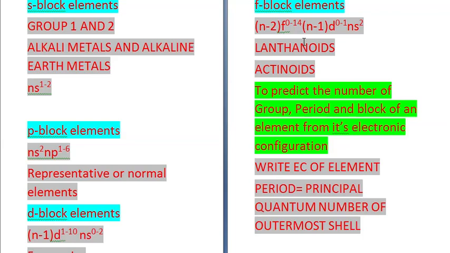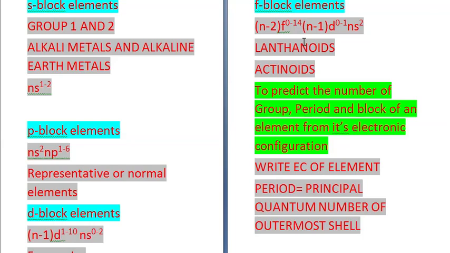There are 4 series I have already told you in the d block, and the f block is divided into 2 groups, that is lanthanoids and actinoids. Lanthanoids are 4f block elements and actinoids are 5f block elements, and they are together known as inner transition elements.